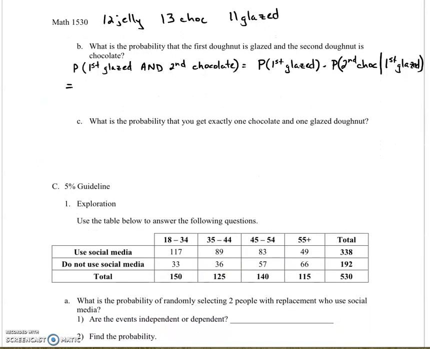Probability that the first one is glazed: we have 11 glazed out of 36 total donuts. Now we want to multiply that by the probability of getting a chocolate after we've already eaten a glazed donut.